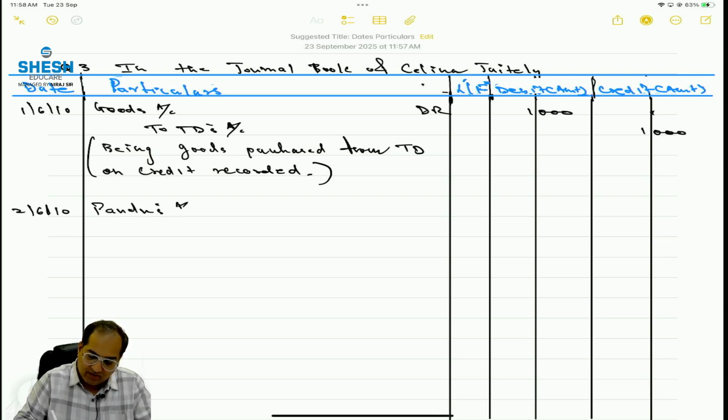So Pandu's account debit 1500 to goods account 1500.